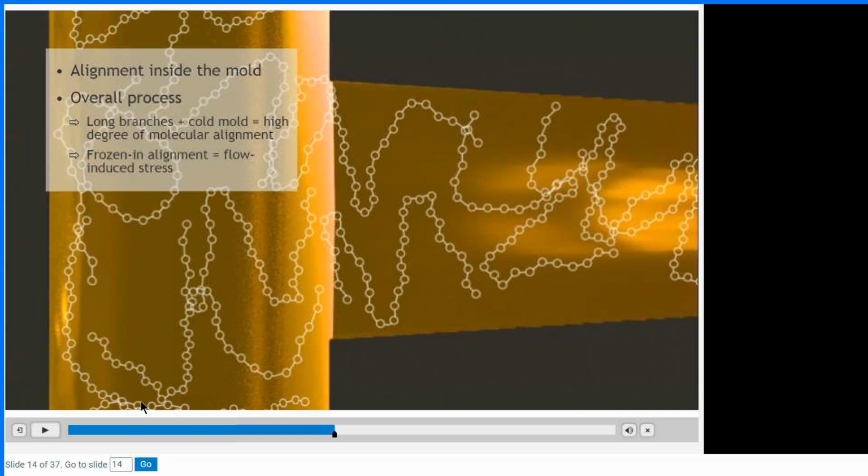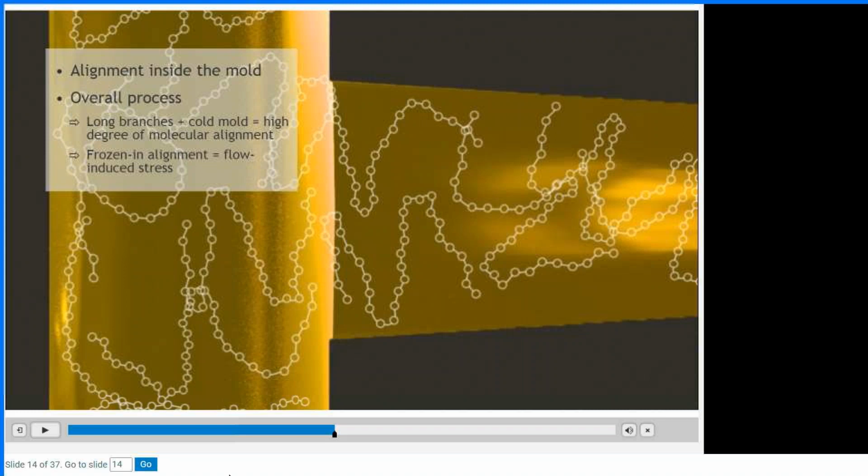Again, this is back to the processing. Some materials have very long molecular chains, and I said, well, I don't care about that too much. Well, you shouldn't, but you have to, because plastic materials with long molecular chains have a high degree of orientation.